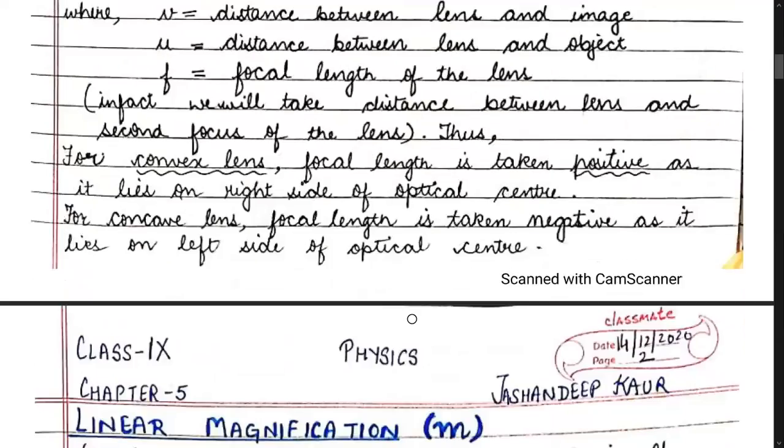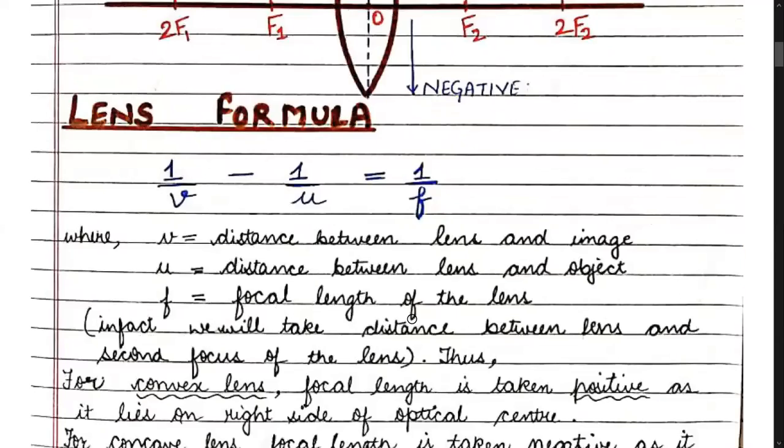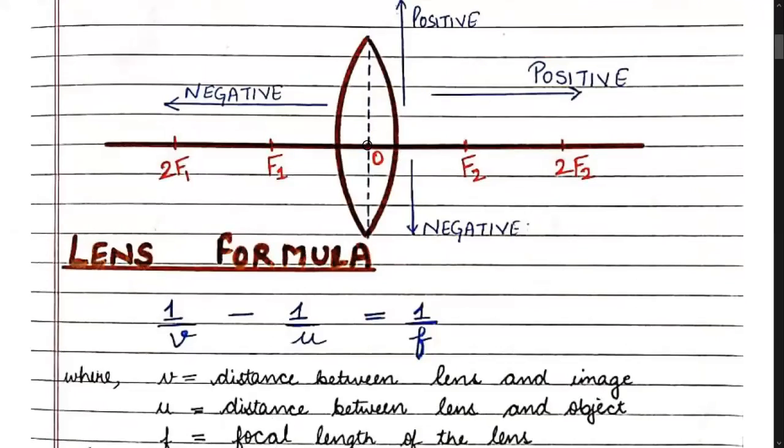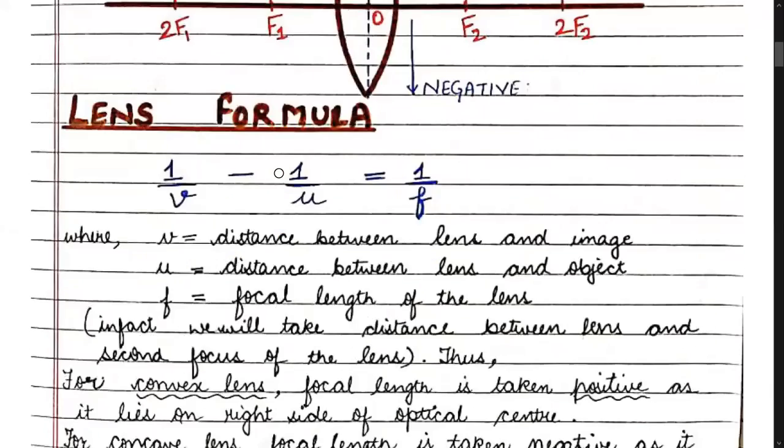Students, the focal length F, and U and V have to be taken from the optical center only. Since we have considered in the chapter the lens to be thin, all the distances from the lens are basically taken from the optical center of the lens.